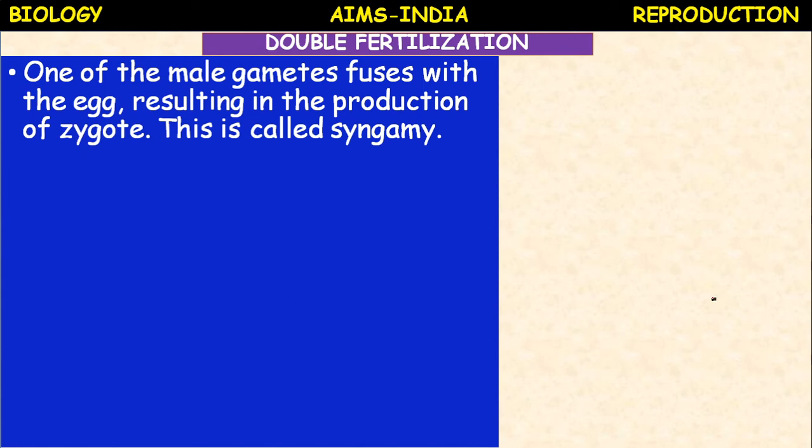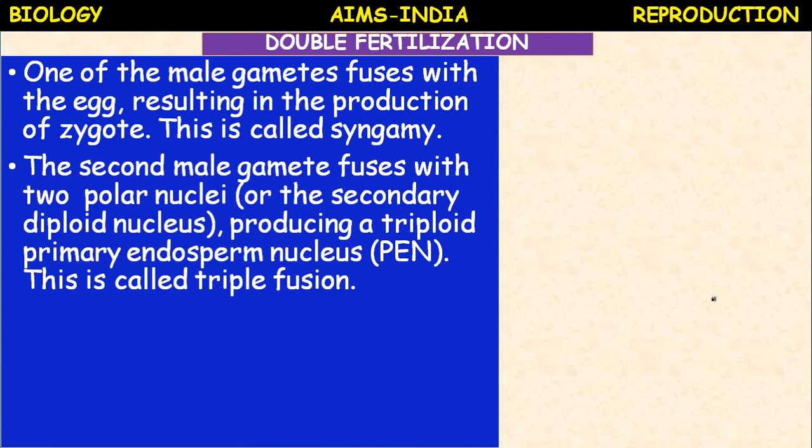This is called syngamy, the first fertilization. One of the male gametes moves towards the egg cell and fuses with its nucleus, thus completing the syngamy. Syngamy results in the formation of a diploid cell called the zygote.